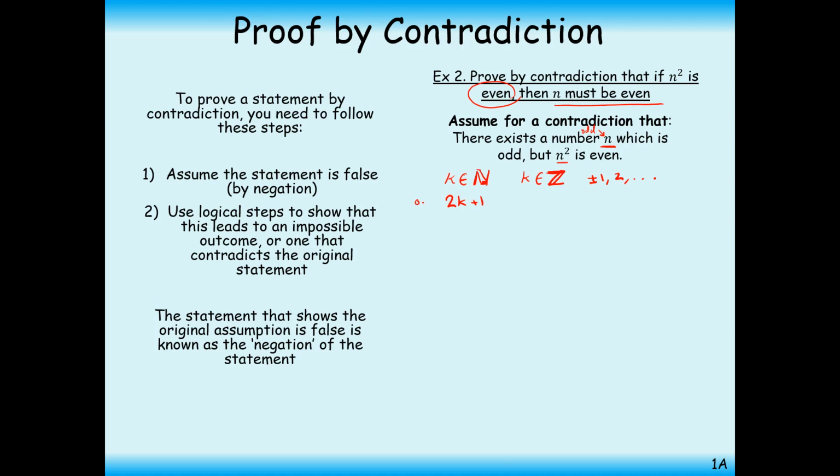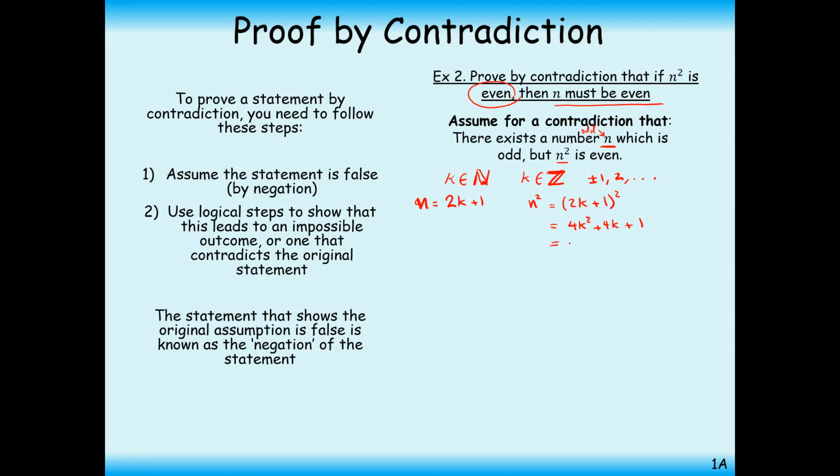So the representation of an odd number is 2k plus 1. We are going to call n 2k plus 1, and when we square n, we take 2k plus 1 and multiply it by itself, which gives 4k squared plus 4k plus 1.